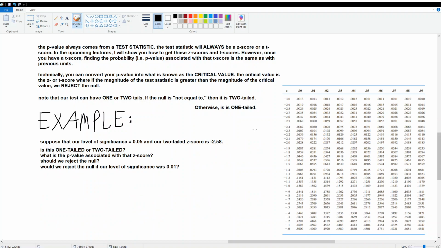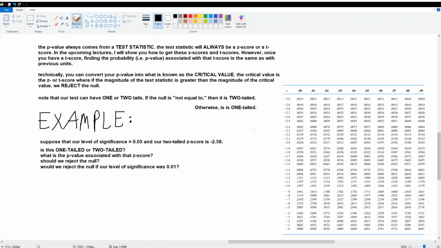So, this p-value came from a test statistic. Let's actually talk about this test statistic. Our test statistic for all of our upcoming lectures will always be a z-score or a t-score. You recall the z-scores came from the z-tables, and the t-scores came from the t-tables. Now, let's suppose you found your score.